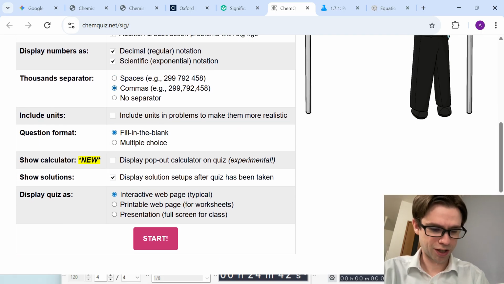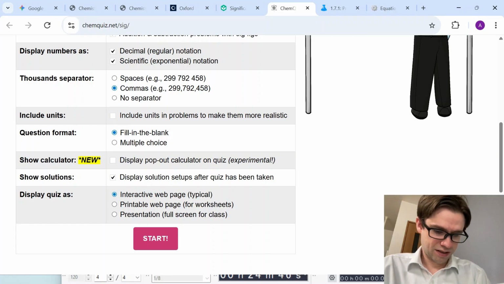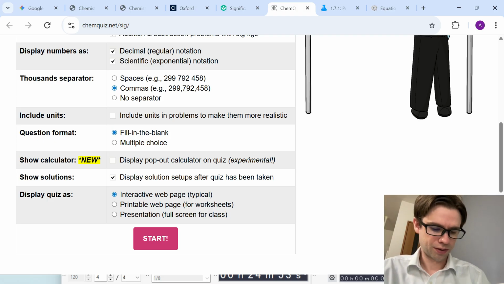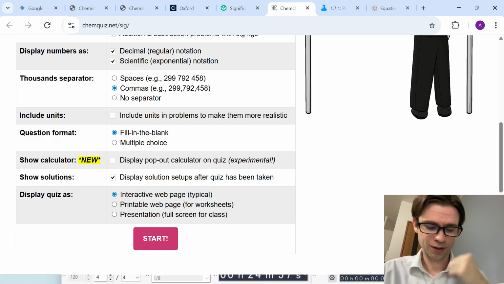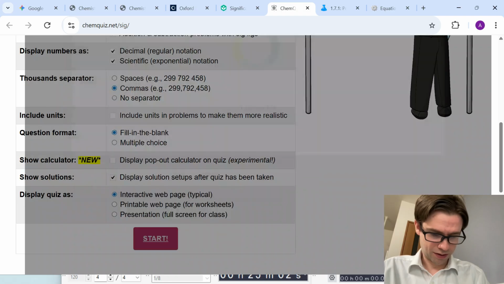I don't know, I prefer comma to separate thousands. We'll not include units yet, but you can maybe later if you do this on your own. Fill in the blank. It's probably better to make sure you really understand. Alright, start.